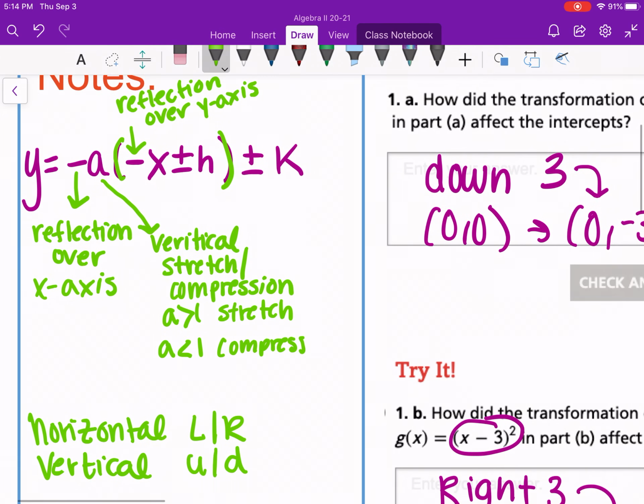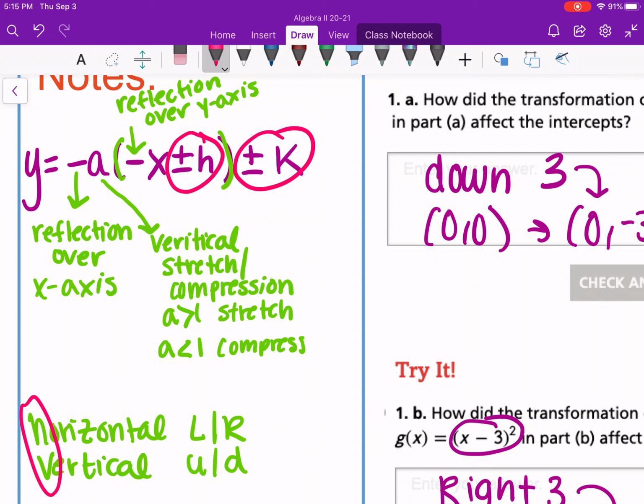Your horizontal shift comes first, okay? So think about it alphabetically. H comes before V, so your horizontal shift comes before your vertical shift. Your left and right shift comes before your up and down shift. So the h is your horizontal shift.